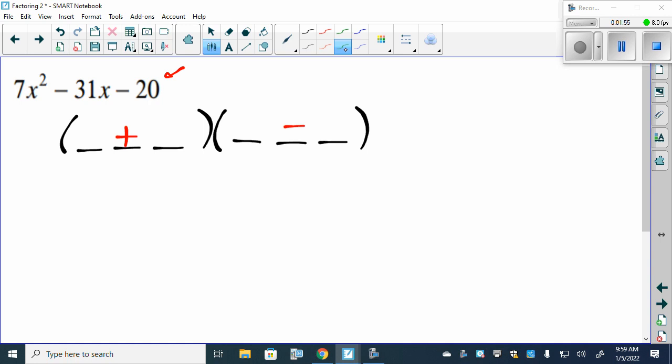Now we need to find the factors of the first and third term. Now 7x squared, well, the factors of x squared are x and x, because there's only one set of factors for x squared. Now, as I just said a minute ago, 7 is prime, so there's only one set of factors for 7. 1 and 7, or 7 and 1, either one.